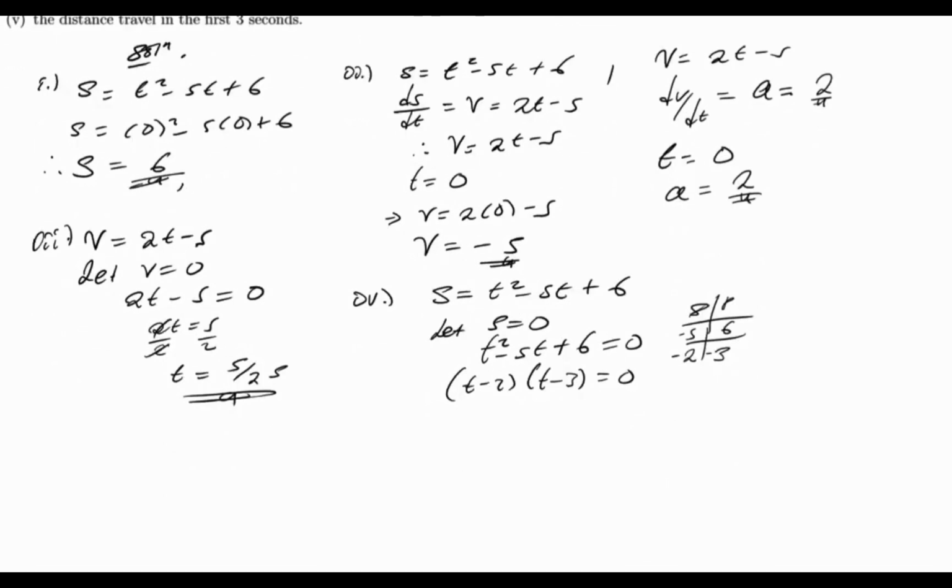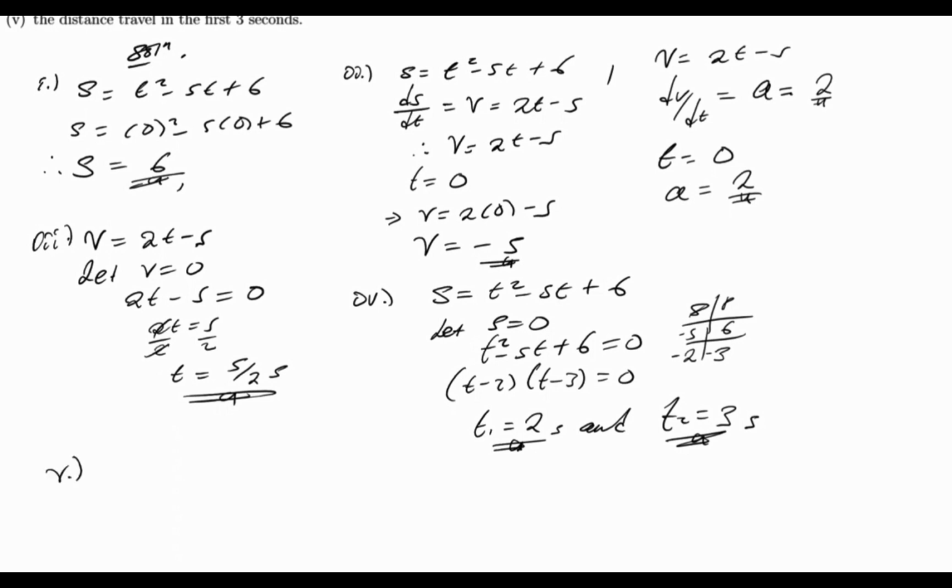So my first time is 2 and my second time is equivalent to 3. Therefore, the particle will pass through O at time equal to 2 seconds and time equal to 3 seconds.